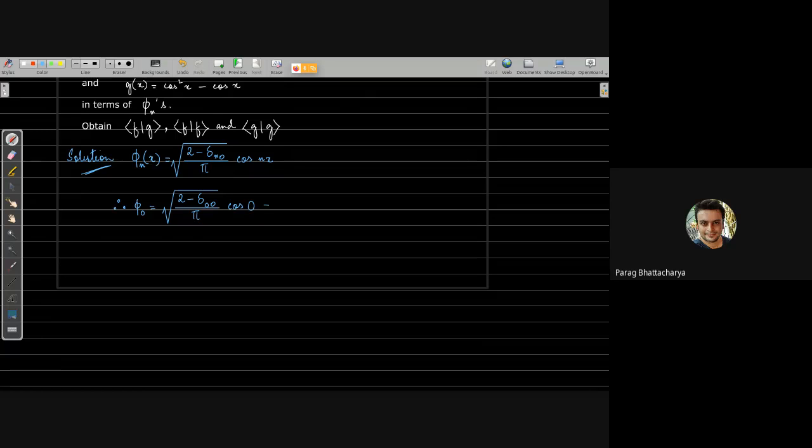So we have the square root of 2 minus delta 0 0. You see, both of these indices are the same. If both indices are the same, according to the Kronecker delta function, it should be equal to 1, divided by pi, and cos of 0 is of course 1. Then what is left? 2 minus 1 is 1. So this is equal to 1 divided by root pi. So this is your phi 0.